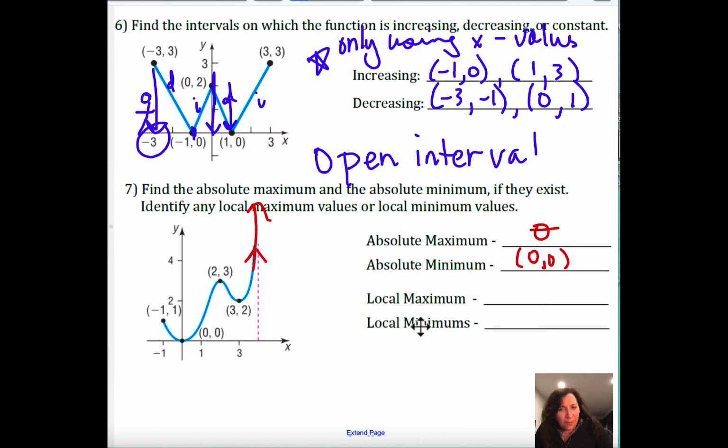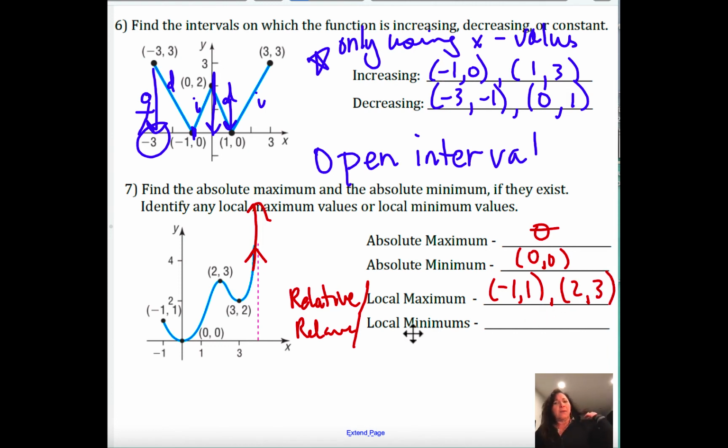Now, the local maximum, which some people call a relative maximum, and the relative minimum. My relative maximum is where it goes down after it hits the top. So that's going to be at (-1, 1), and the other local maximum is at (2, 3).